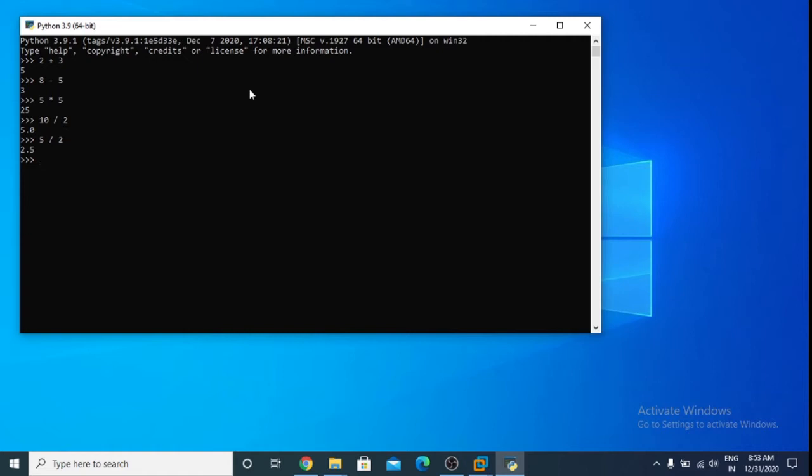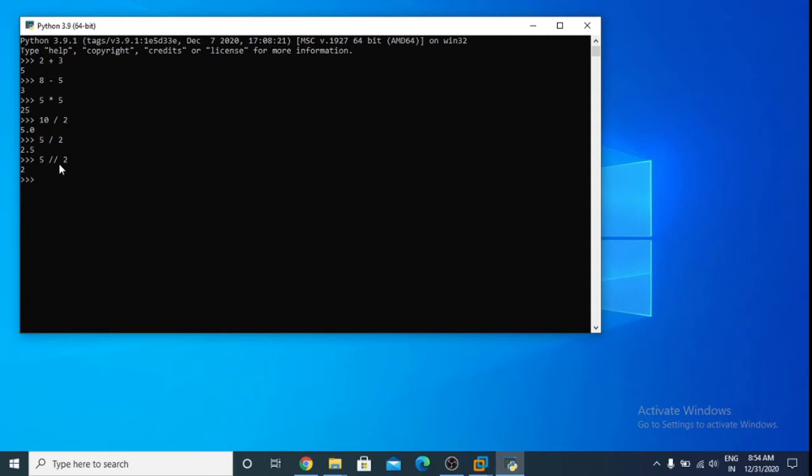But if you want only the integer value, then you use here 5 divide 2, so it will give an integer value. Okay, so you use slash 2 times.